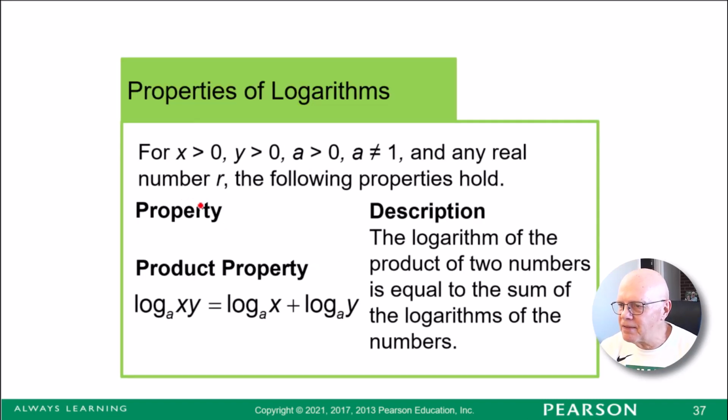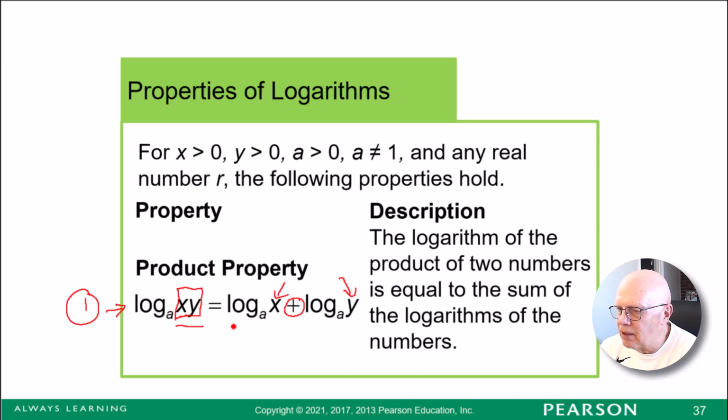So, properties of logarithms. First property, don't call it number 1, I'm just saying it's the first one we're talking about here. The logarithm of a product, notice x and y are being multiplied, is the sum of the individual logarithms.